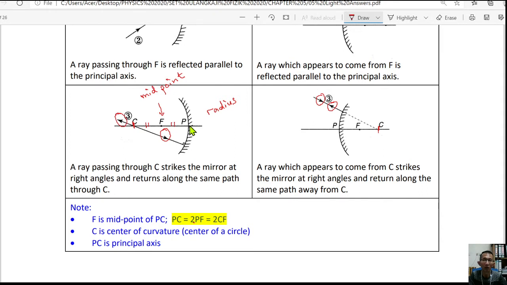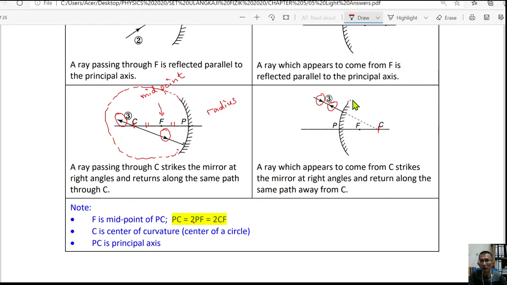Okay, can you follow? Alright, now just to make things easier for you, you see this mirror here? If I complete the circle of this mirror, my C and F are in the circle.